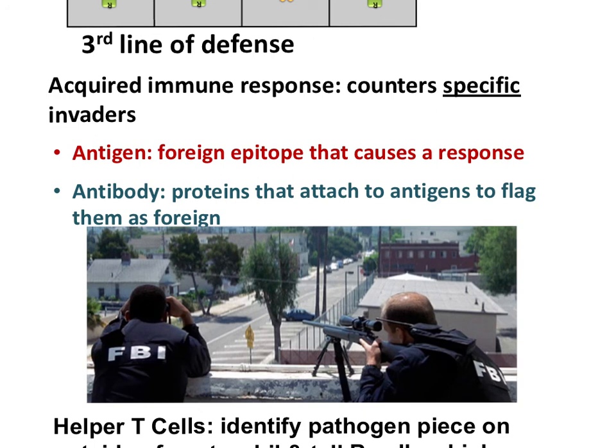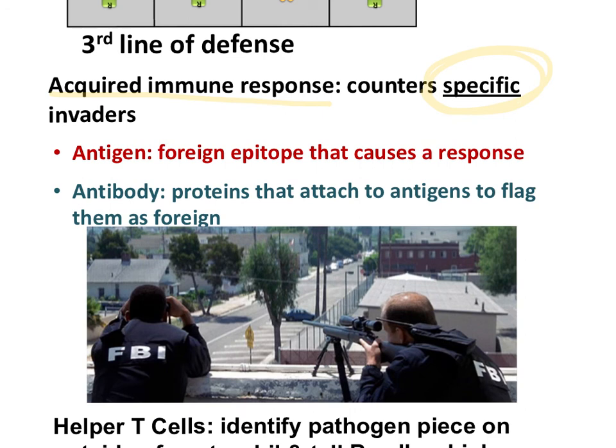So at that point, we have a third line of defense. The third line of defense is called the acquired immune response. At this point, the body has already decided this pathogen is a major problem and we need to get rid of it. So this is going to be an attack against a specific pathogen.